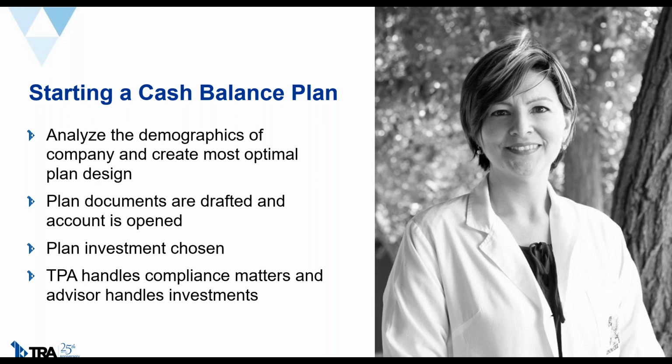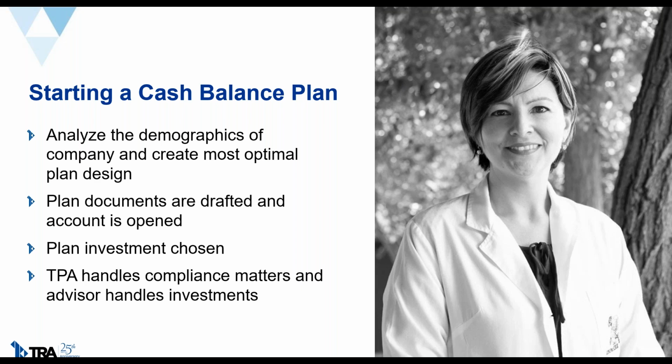So we analyze the demographics, the census, the type of company, etc., and we can create the optimal plan design. Then at TRA, we draft plan documents, and plan documents reflect the result of that analysis. So the provisions that you see in the numbers, like in that example we showed you with the 3 dentists, those are what produce that plan document. We have to reflect that in the plan document.